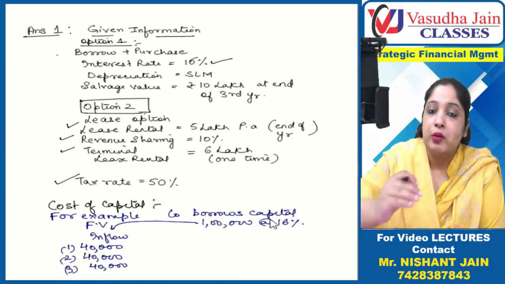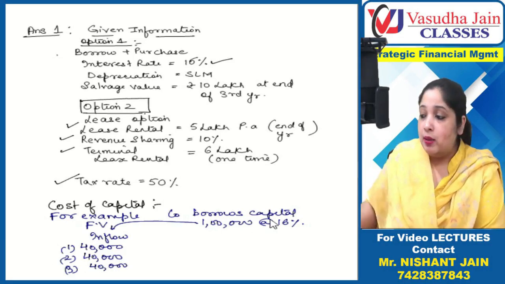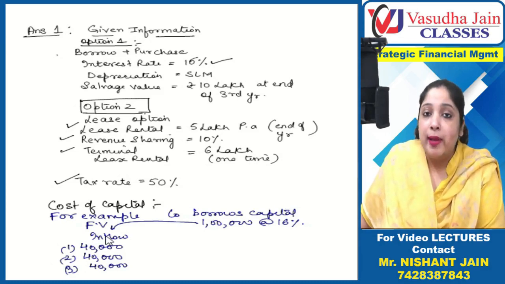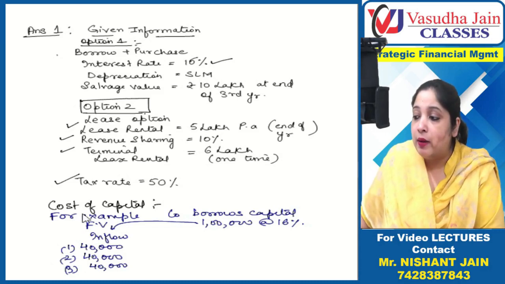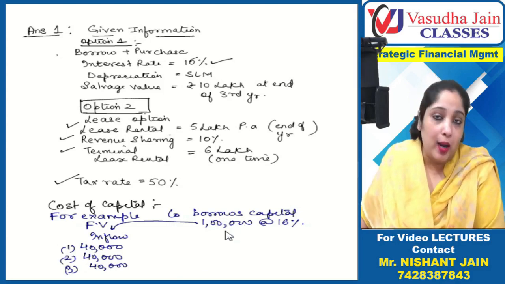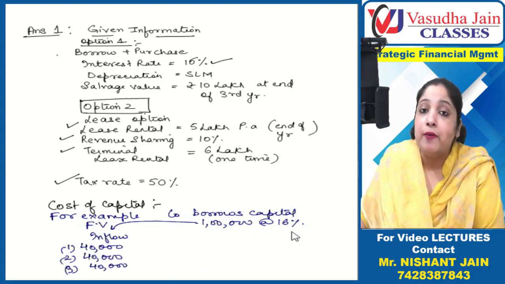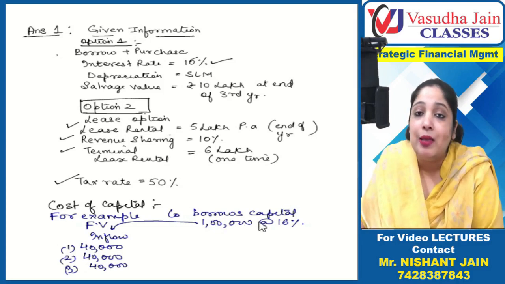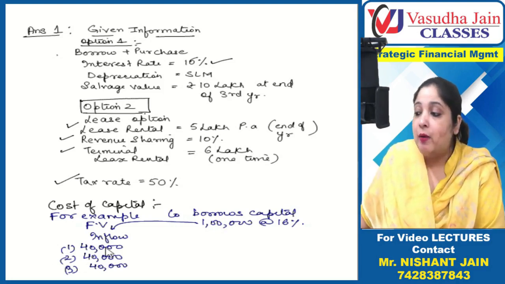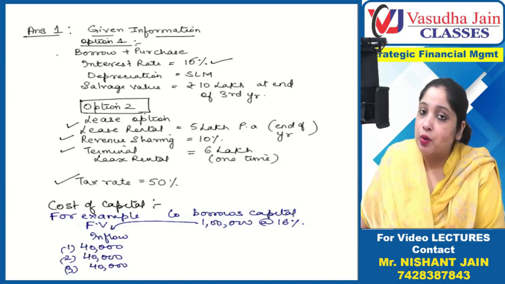How much? 40,000, 40,000, 40,000 per annum. This is not part of question number 1. This is just an example to explain one very important concept related to cost of capital. Okay. So basically I am trying to say that a company has borrowed 1 lakh of capital at the rate of 16%, and if I invest this 1 lakh in this project, whatever the project name is, I will be getting 40,000, 40,000, 40,000 of return.